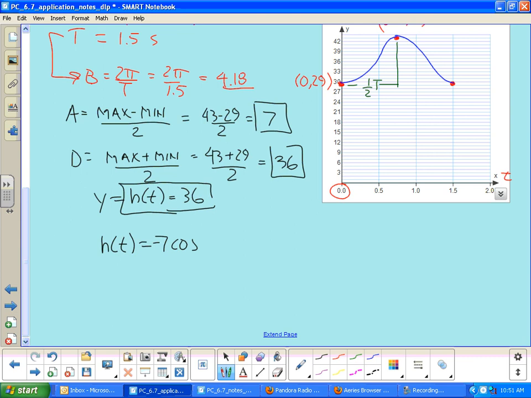So my b is 4.18 times t, no phase shift, so I can just close that up. And then plus my d, because I'm 36 inches above the floor. It's not that hard, it really isn't.